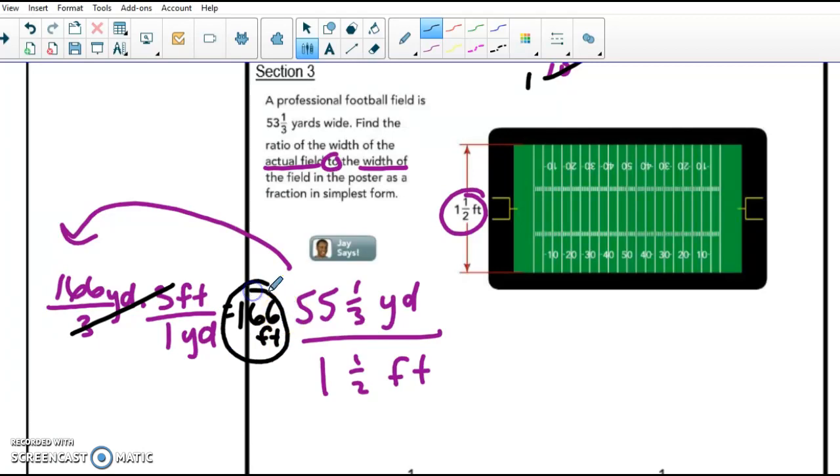So I'm going to take this amount and I'm going to substitute it into my ratio here so that I can compare feet to feet. Now I do need to also convert this mixed number into an improper fraction. So this becomes 3/2. So my ratio is going to be 166 feet to 3/2 of a foot. So I have a fraction that's icky. I want to get rid of it, so I multiply by the denominator.